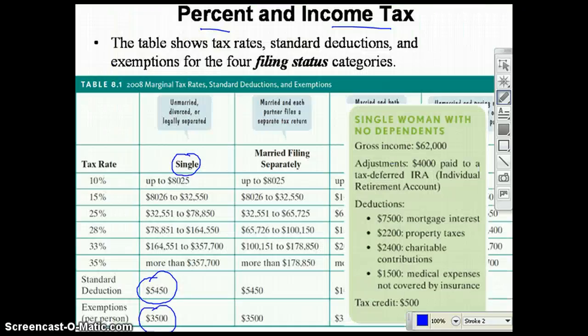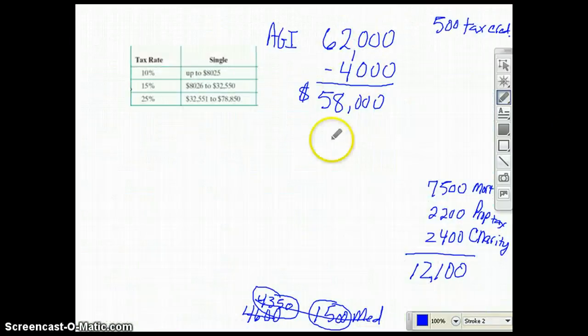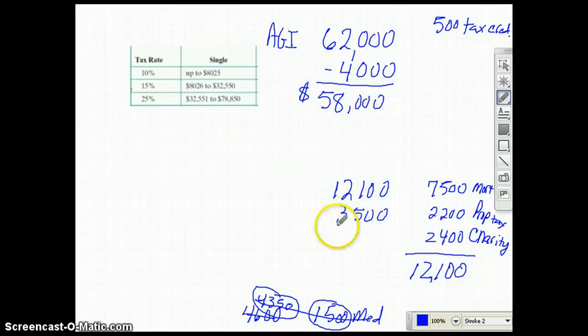Her exemption as a single person was $3,500. So we have 12,100 plus 3,500, which is 15,600.